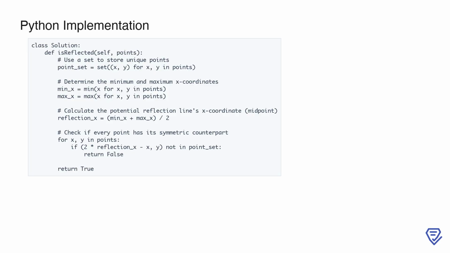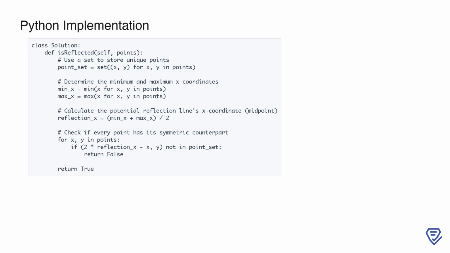This solution determines whether a set of 2D points is symmetric about a vertical line. The approach begins by storing all points in a set to ensure uniqueness and allow O(1) lookups. The algorithm then calculates the minimum and maximum x coordinates among the points to identify the possible reflection line's x coordinate, which is the midpoint of the minimum and maximum x values. Next, the code iterates through each point in the input, checking if its symmetric counterpart exists in the set.